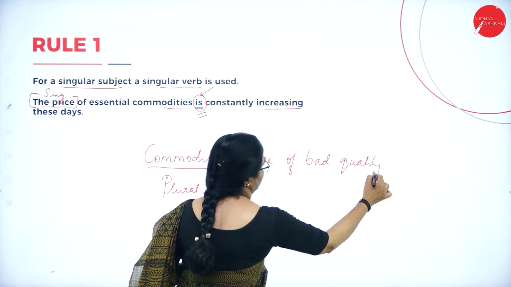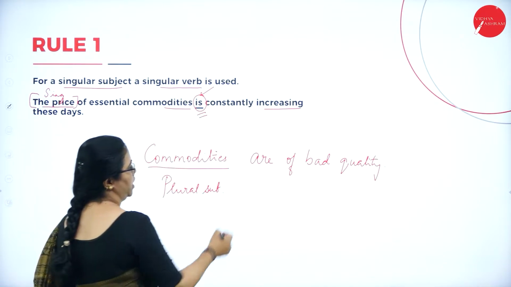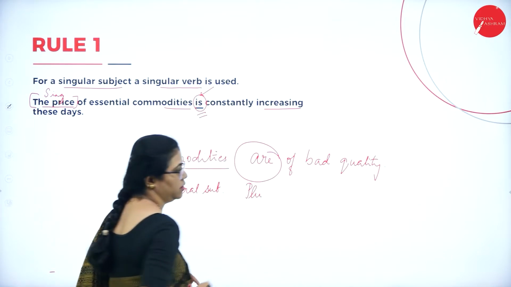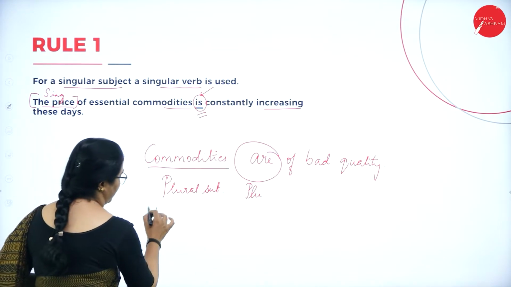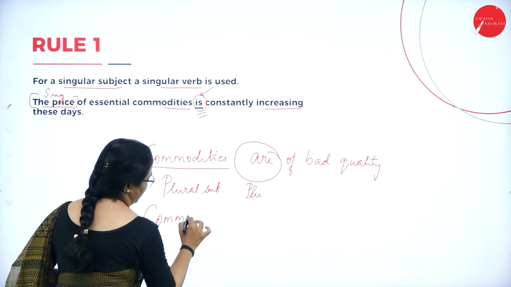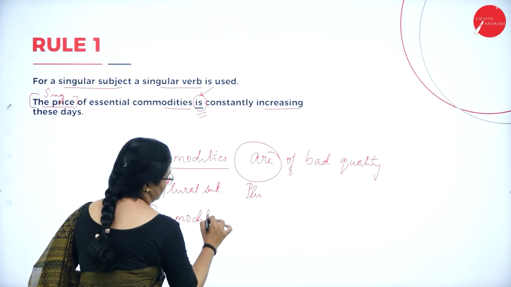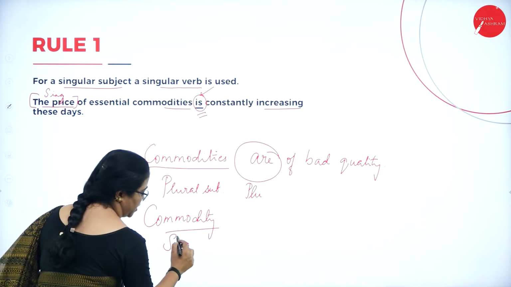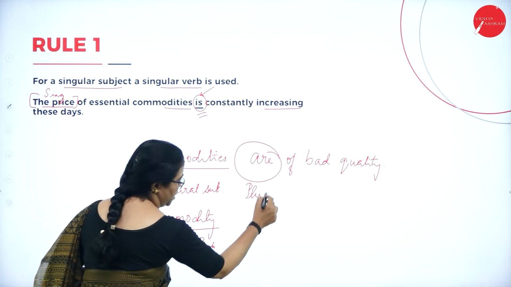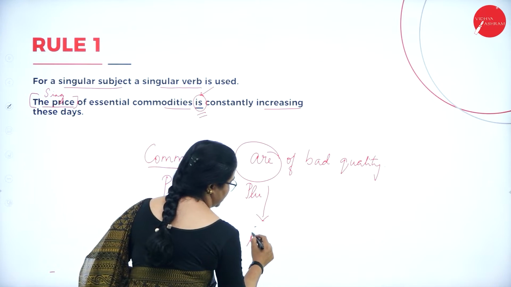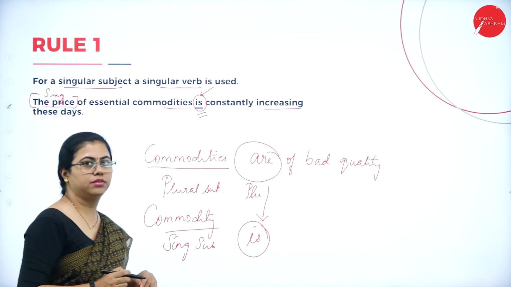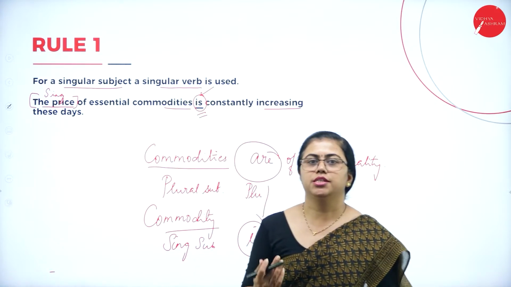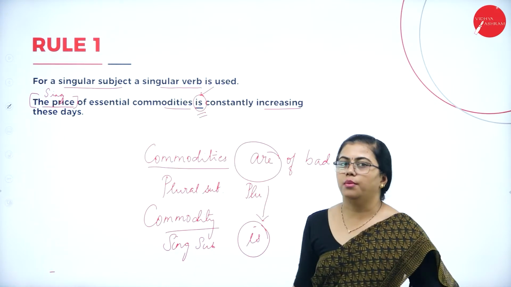So here you can see, since the subject is plural, the verb I have used also will be plural. Okay, suppose I had used commodity over here. Commodity, this is a singular subject. So this will change to is, singular verb. Okay, so plural subject, plural verb, singular subject, singular verb is rule number 1.